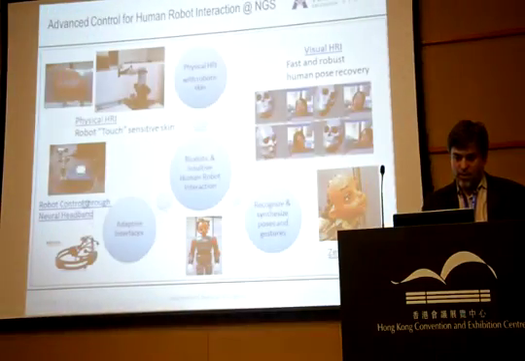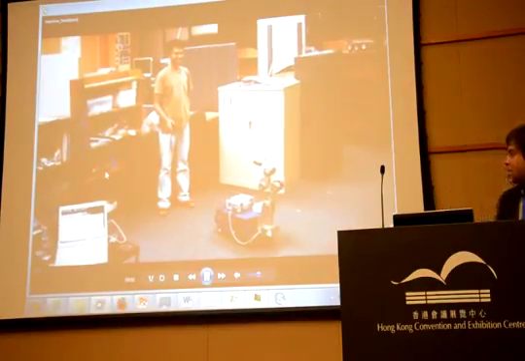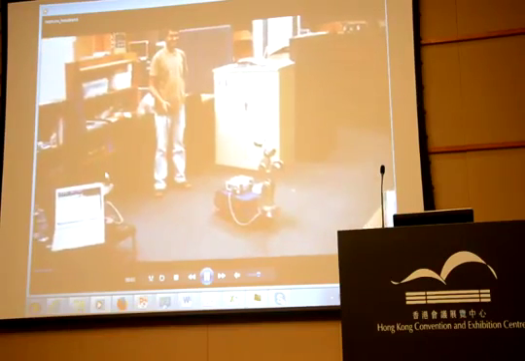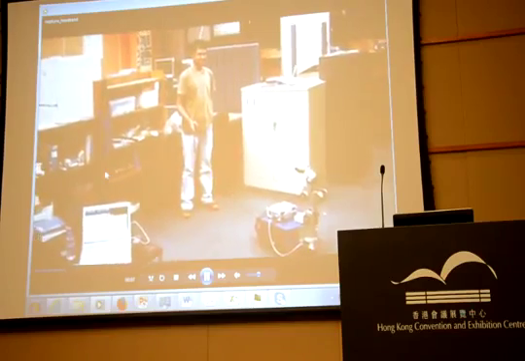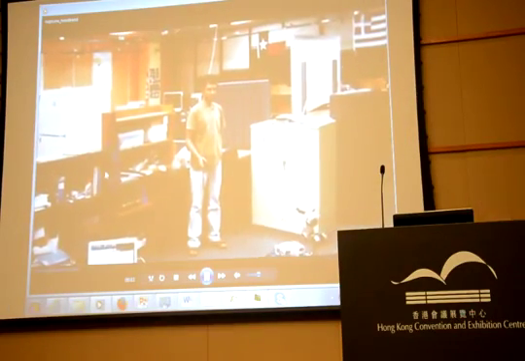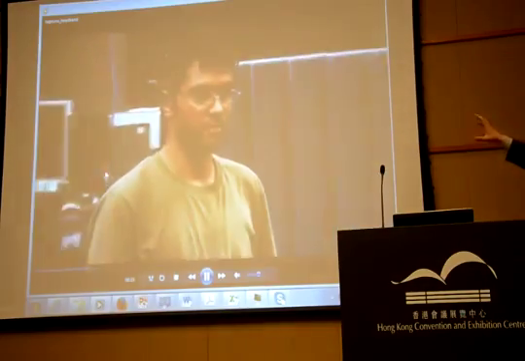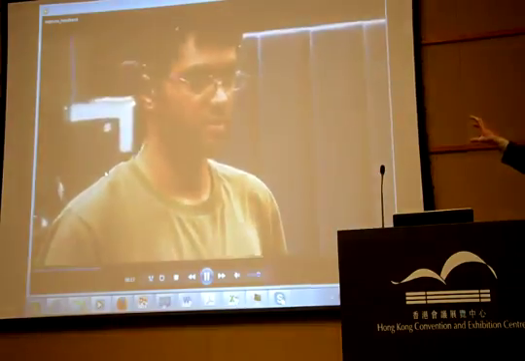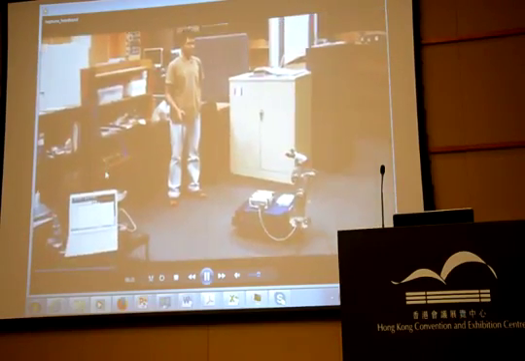And another topic here is, let's see if I can play this video. Interaction with robots using non-intuitive interfaces. In that case, there's a headband controlling this mobile manipulator. So the question is, how do you map the input space, that is the gesture input from a person, to the actions of the robot?